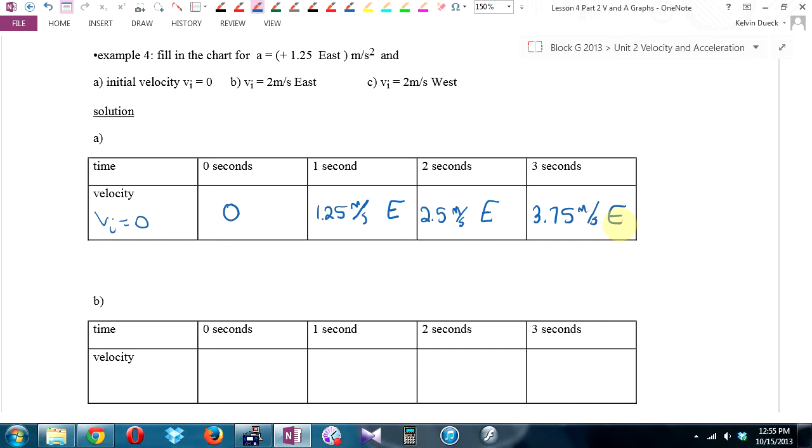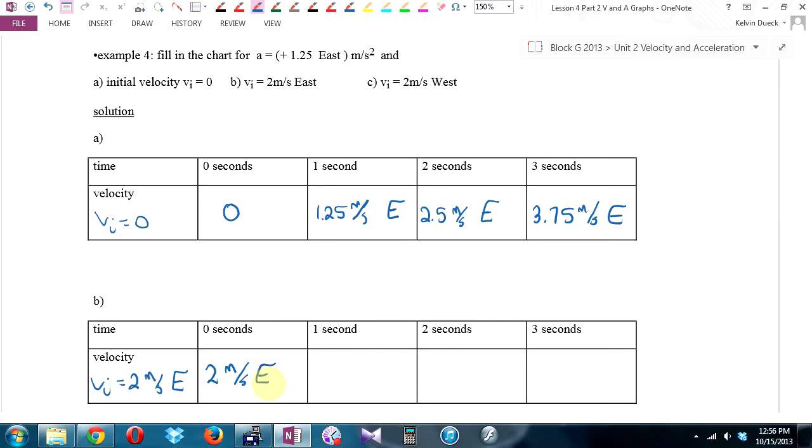B. Here, VI was 2 meters per second east. So at time 0, we're 2 meters per second to the east. We start accelerating to the east at 1.25 meters per second squared. After 1 second, how fast will I be traveling?